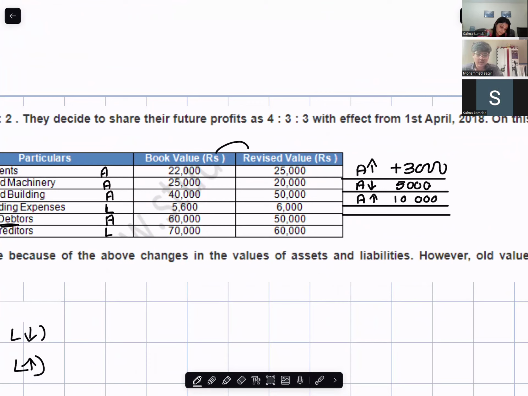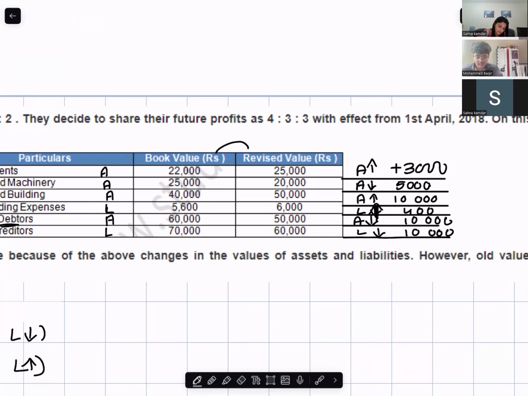Then liabilities is increasing by 400. Then the asset is decreasing by 10,000. Then liability is also decreasing by 10,000.